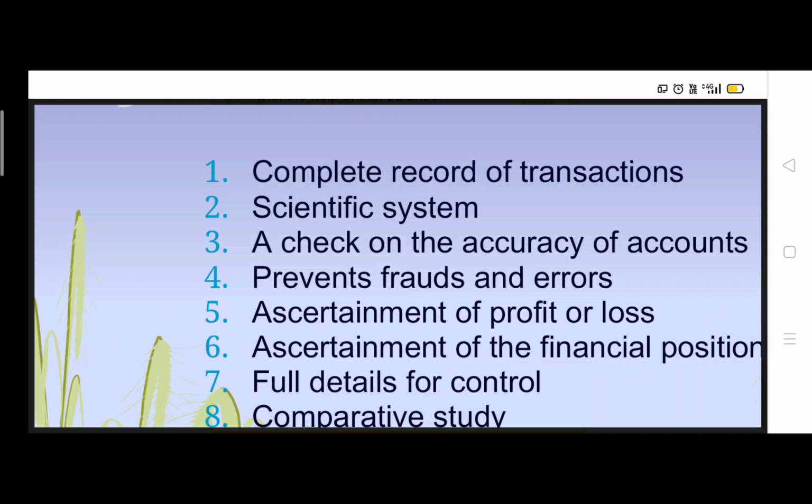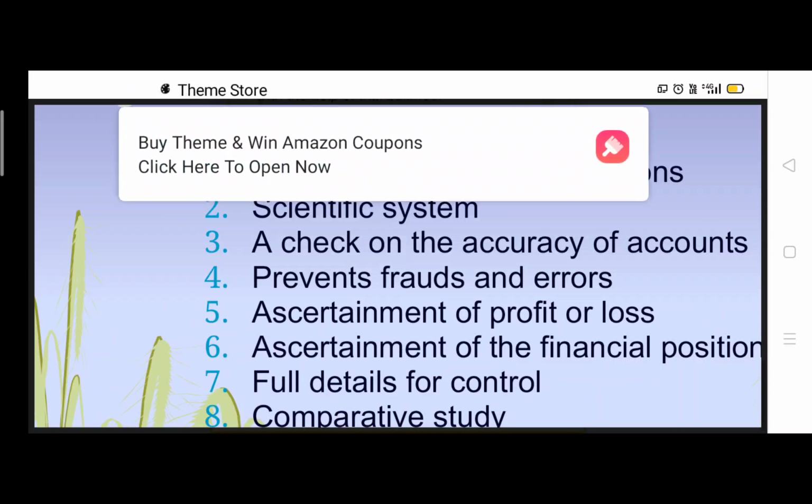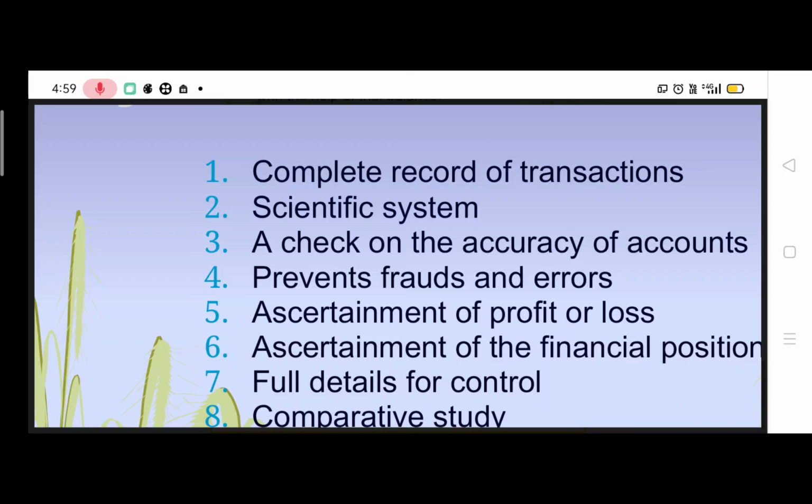The trial balance is prepared, and in case there is any mistake while recording, we can make it out in the trial balance. Then it prevents frauds and errors. Any kinds of wrong recordings or mistakes can easily be made out because of following the double entry system. And the fifth point says that it is because of the double entry system that the company comes to know whether they have made profit or loss.